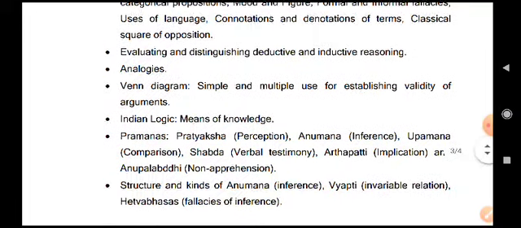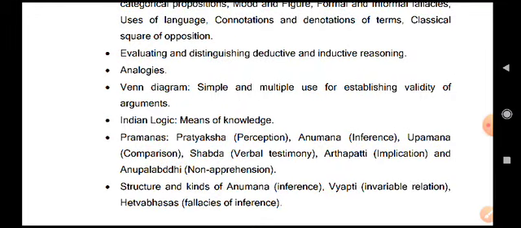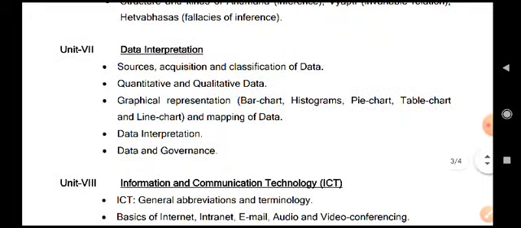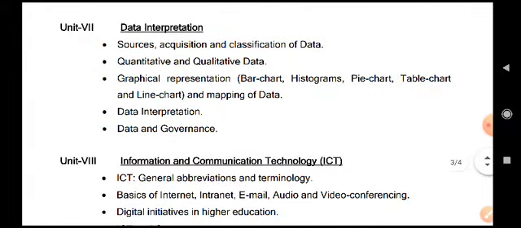So we can't leave any single topic out from any unit because there is no fixed number of questions from a unit. Unit 7 is data interpretation. Here 5 questions are generally fixed for this unit. A data set will be given, and from that 5 questions will be asked. So the candidates need to solve them by looking at the data in front of them.